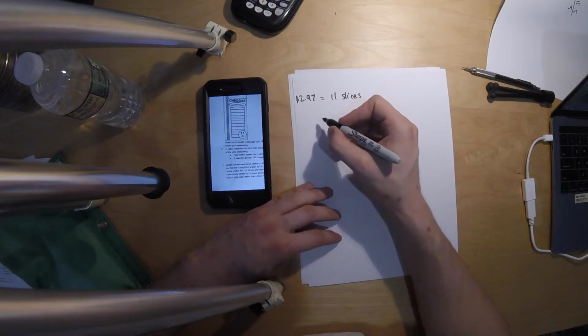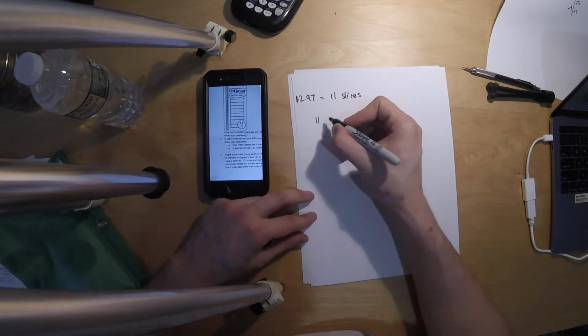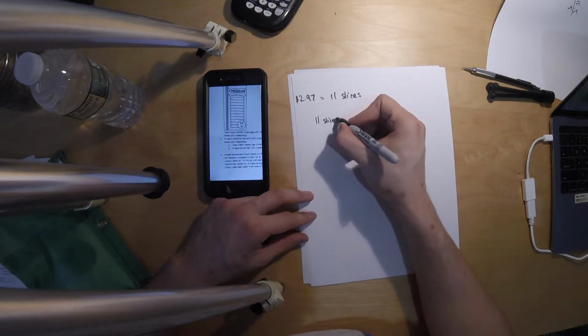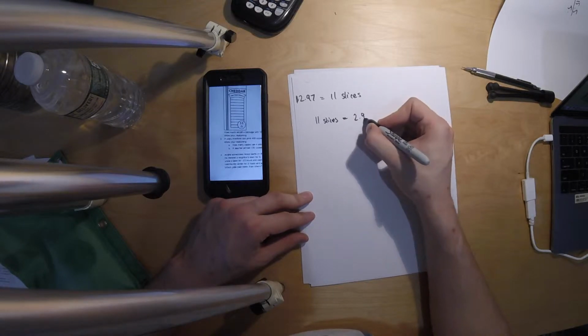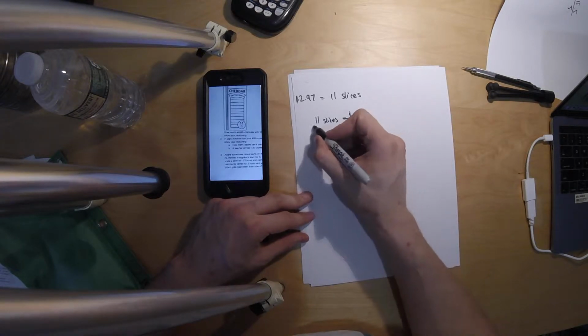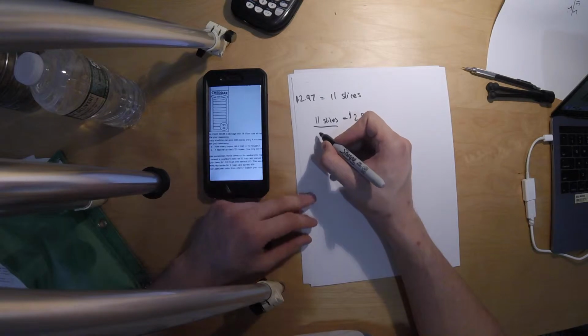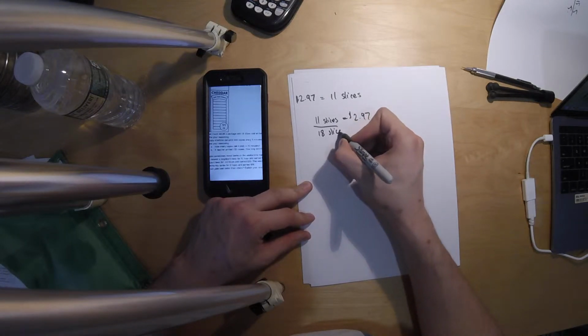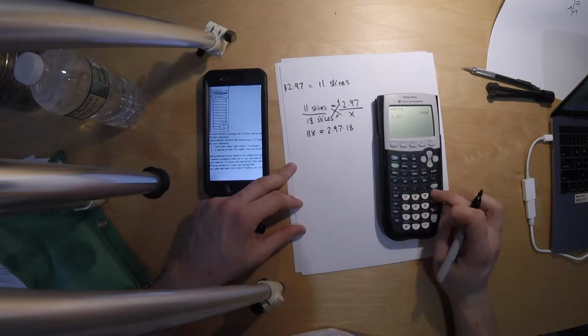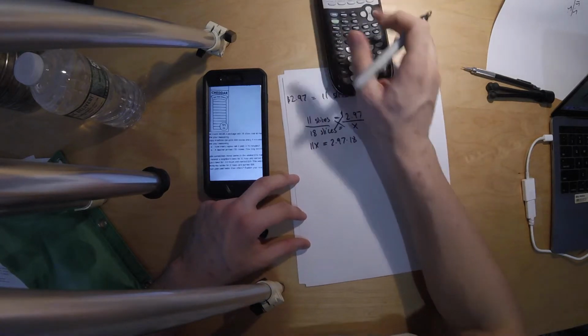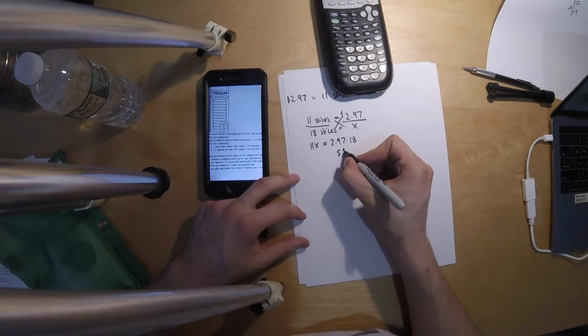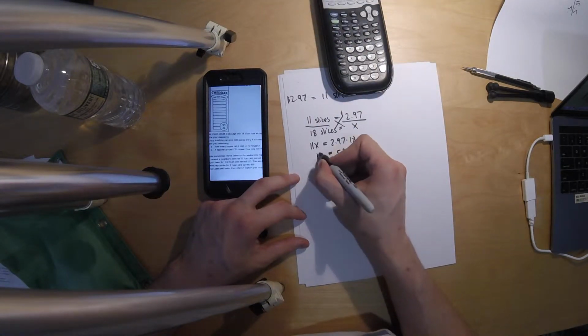So we know that 11 slices equals $2.97. Therefore, they're asking for 18 slices. 2.97 times 18 equals 53.46, and this is 11x.